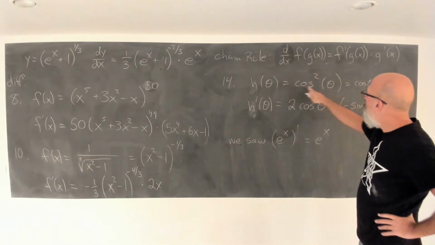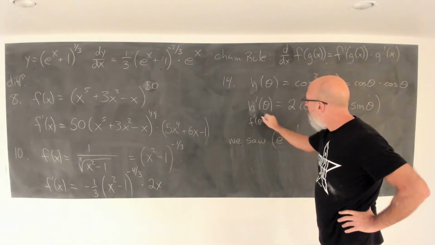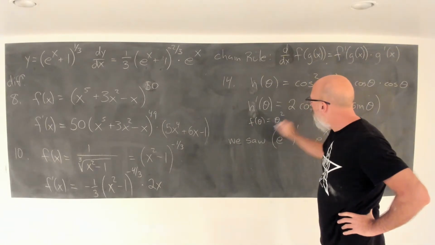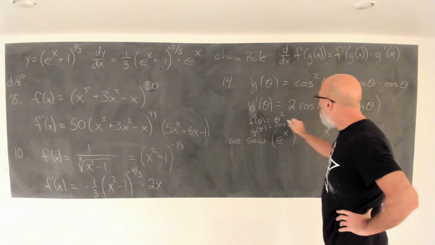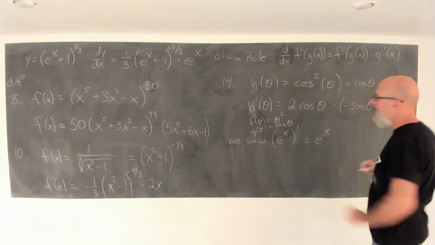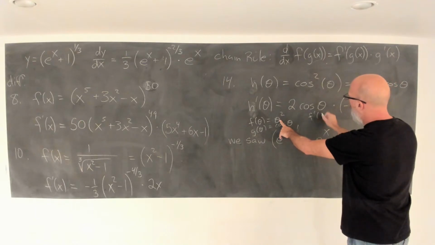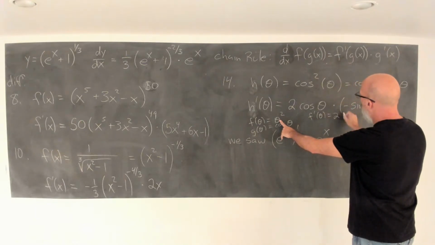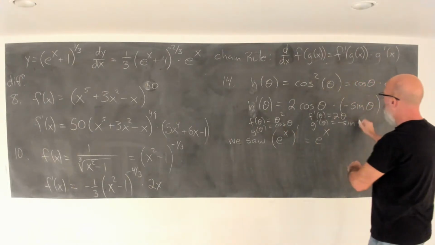Connor had decomposed this as f of theta was theta squared and g of theta as cosine of theta, right? So the derivative f prime is 2 theta and g prime is negative sine.